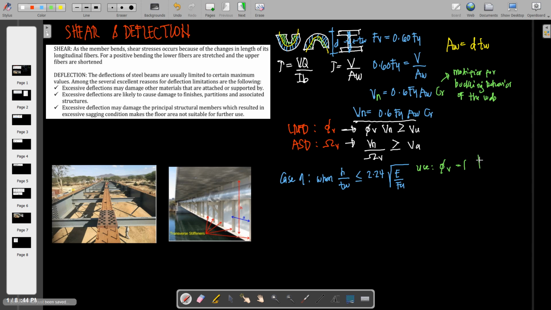Okay, so for LRFD. And for ASD, we're going to use an omega of 1.5, and our Cv is equal to 1. So this is an instance wherein there is no web instability.